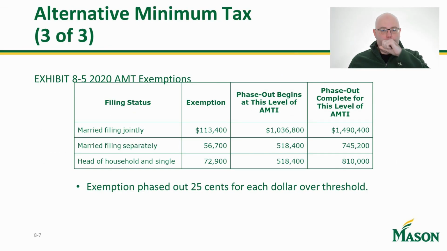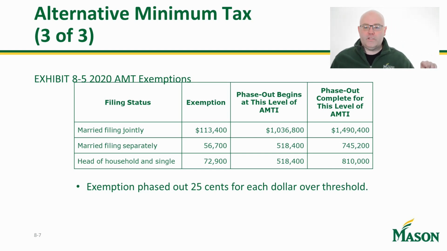Okay, so this is the slide. I kind of told you it was going to be an exemption of 113 and change. It's actually 113,400. Again, I don't memorize any of these numbers, but it is useful to at least have an understanding of. Now, when your AMTI, which is your AMT income, is at $1,036,800 or above, that 113,400 is going to start to shrink.